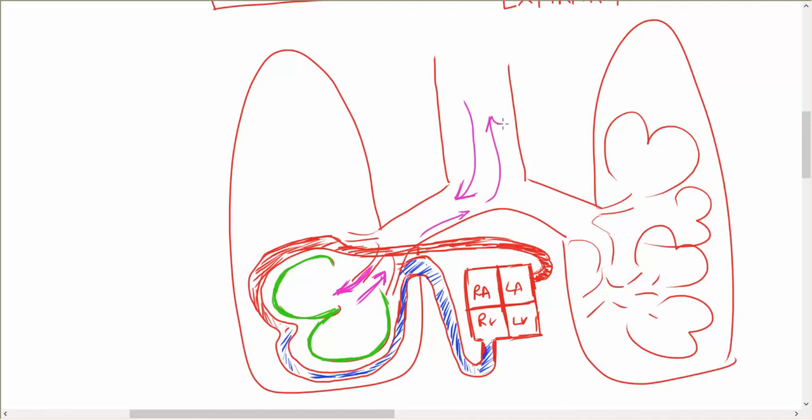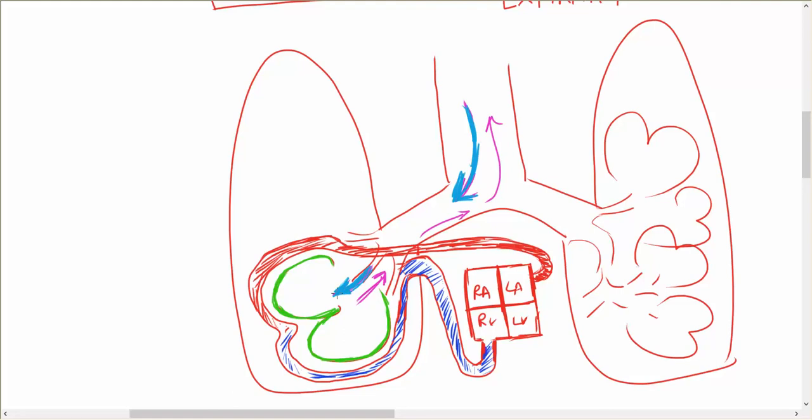Consider the alveoli as a balloon. Now air is entering the balloon. When the air enters the balloon, what happens? The balloon gets bigger. The alveoli dilate.